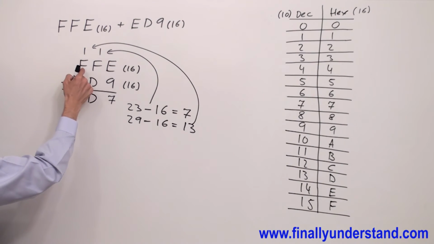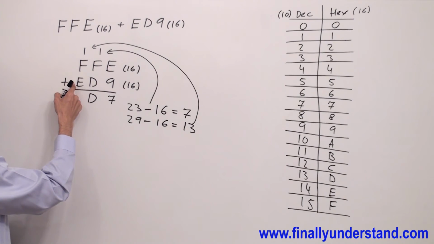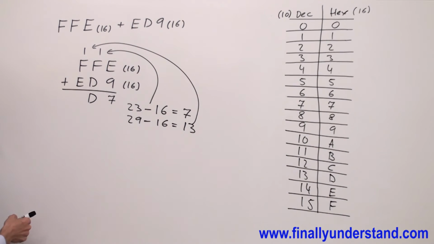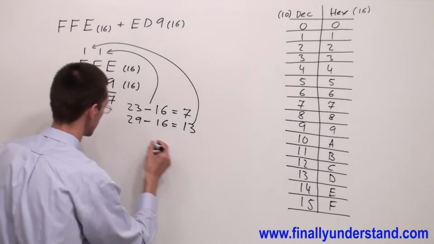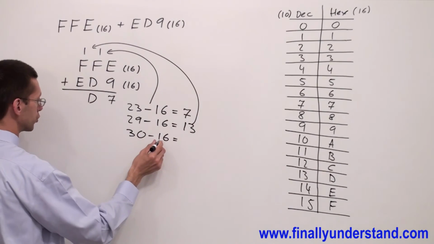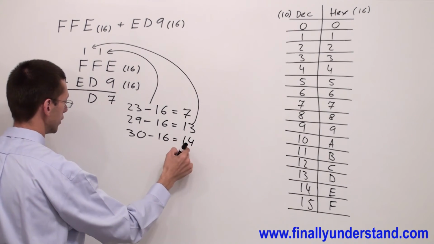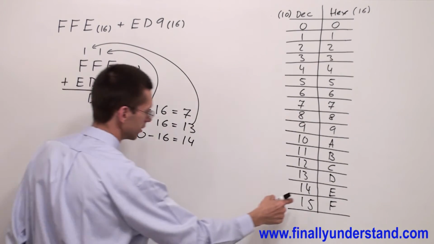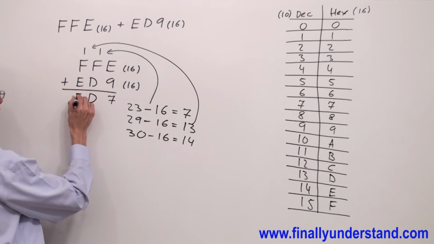1 plus F is equal to 16. 16 plus 14 is equal to 30. So again, 30 is greater than 15. That's why I'm supposed to subtract 30 minus 16. 30 minus 16 is equal to 14. 14 in the hexadecimal system is represented by the letter E. That's why I'm going to write E over here.